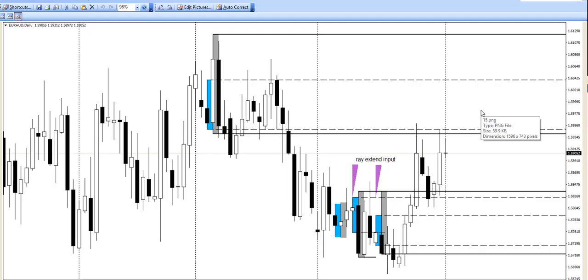Euro Aussie dollar here, just an example. On the daily chart, you can see the inside day being blue and the outside day being grey. So you can see your daily price engines there and the levels that were put out in order for current price action to work around.